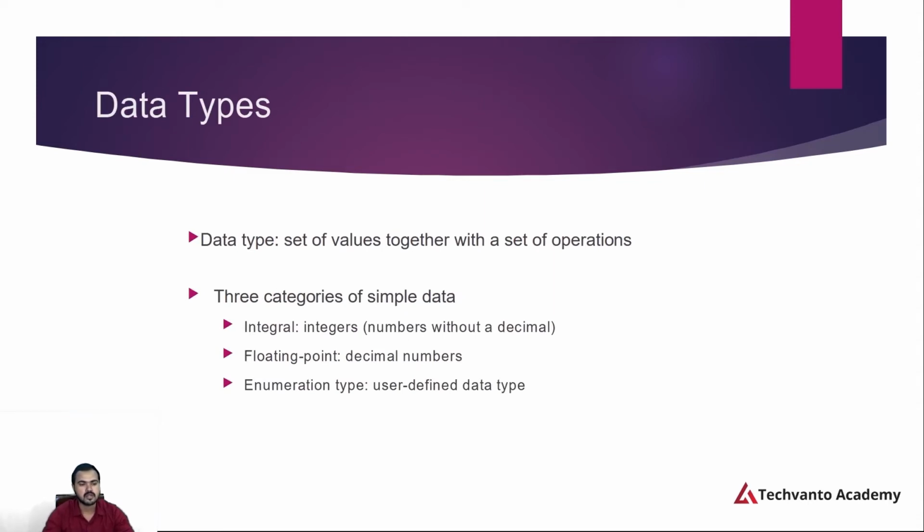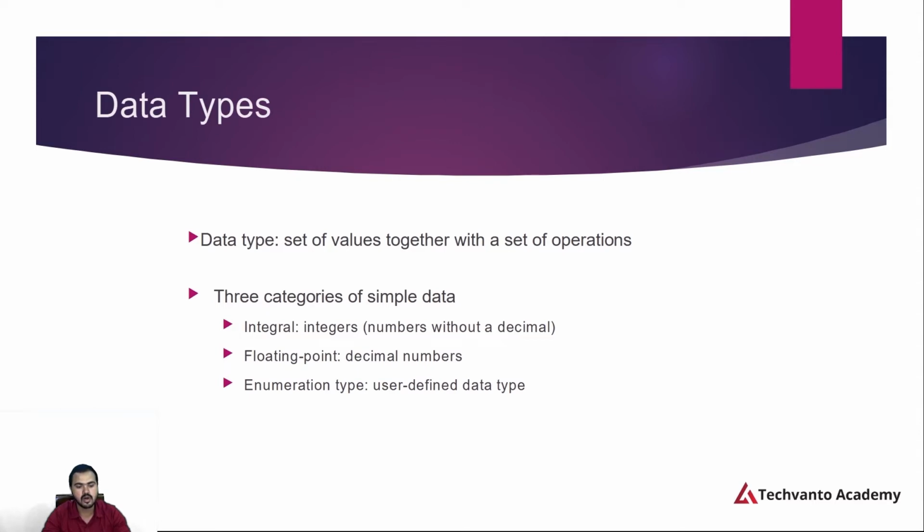Now, data types. What is a data type? It decides which type of data value we are going to be assigning to certain operations. There are three categories of data types: one is the integral data type, another is the floating point data type, and another is the enumeration type. The integral data type is nothing but integers without decimals.